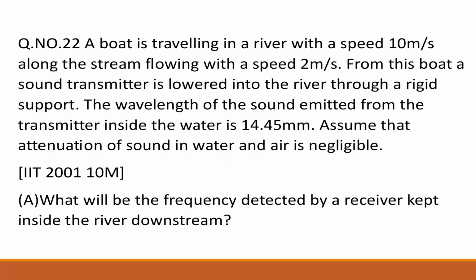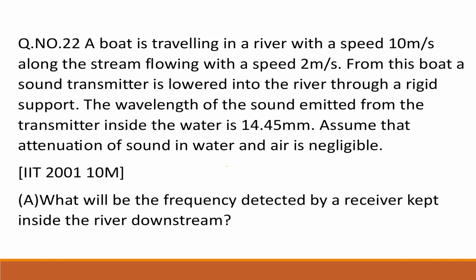The wavelength of the sound emitted from the transmitter inside the water is 14.45 mm. Assume that attenuation of sound in water and in air is negligible. And we can say this question is given for 10 marks in 2001.